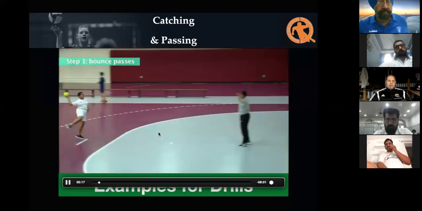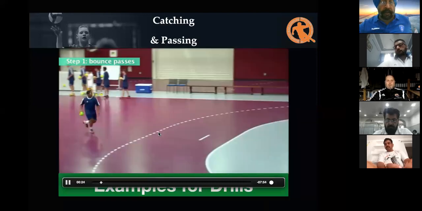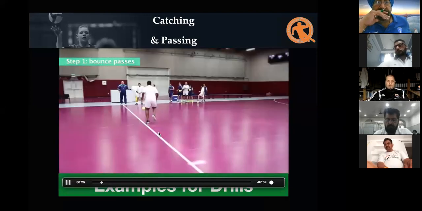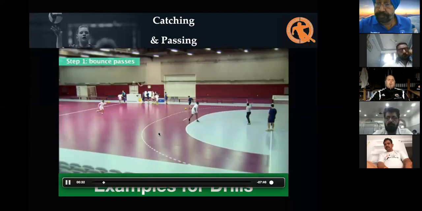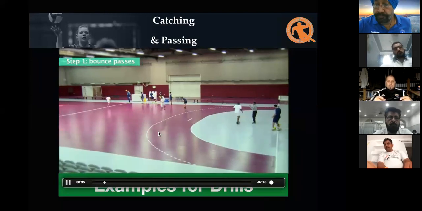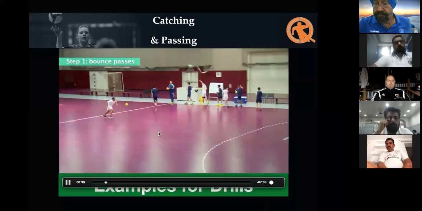So we do that with the shooting afterwards, but the basic element here is the pass for the players while running backwards. The simplest pass to catch is the bounce pass, because it bounces and it gets slower towards the player.